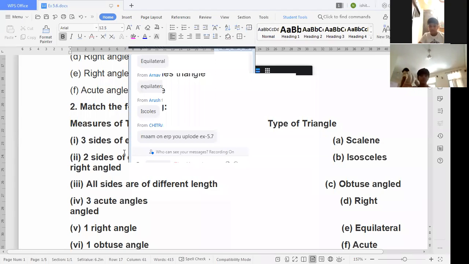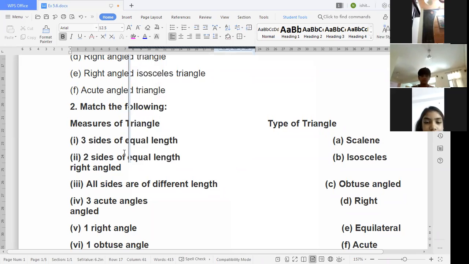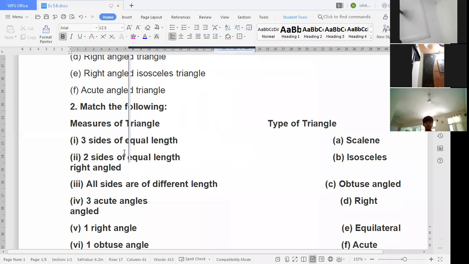Yes, next, Sorvi, unmute yourself. Two sides of equal length. Not audible. Can you give me the answer in the chat box?